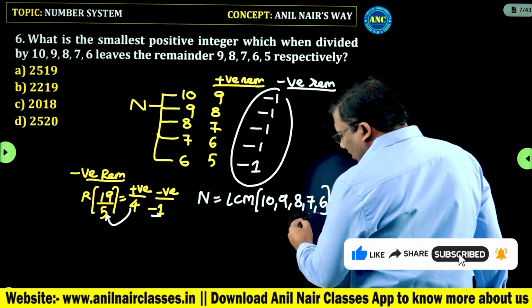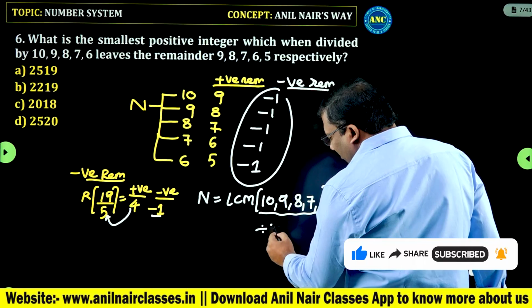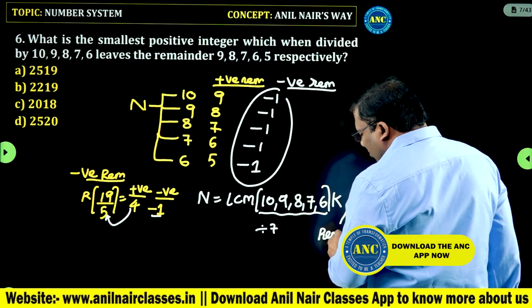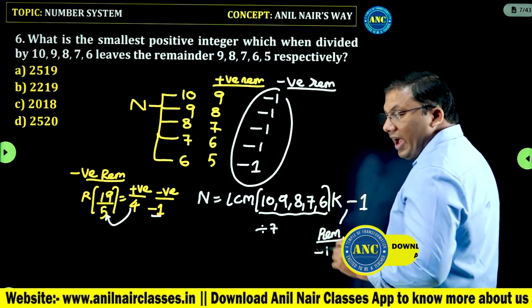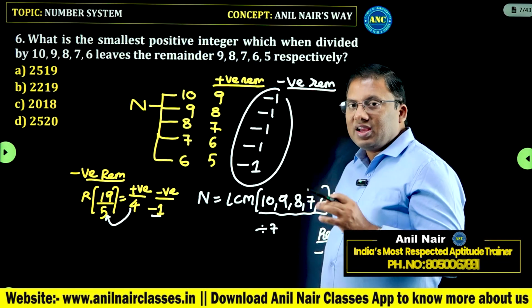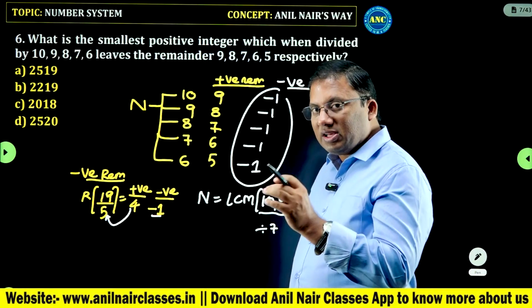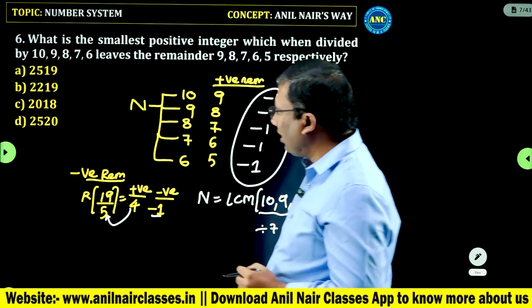That means this number is divisible by the others, and when divided by 7 it should give a remainder of minus 1.